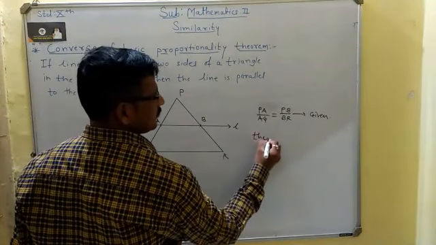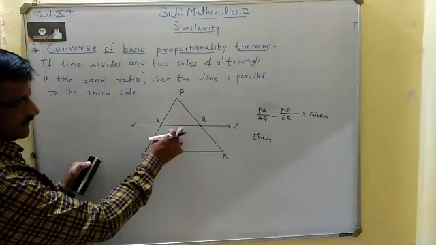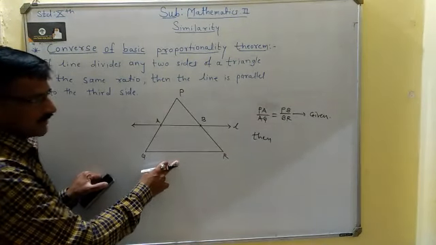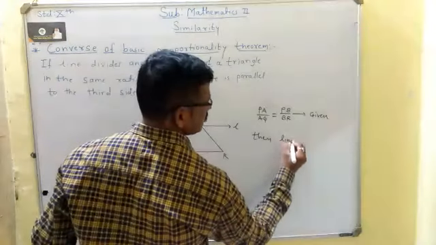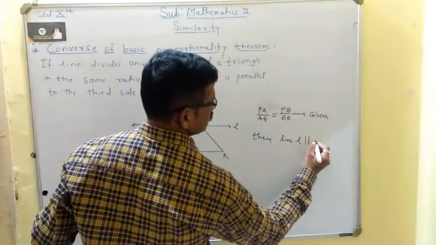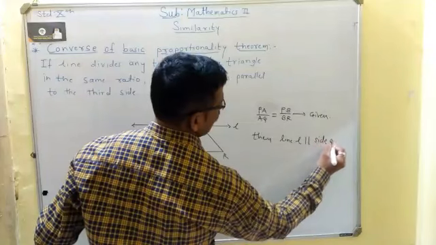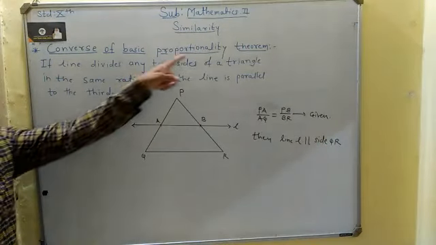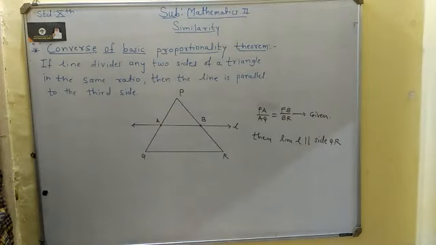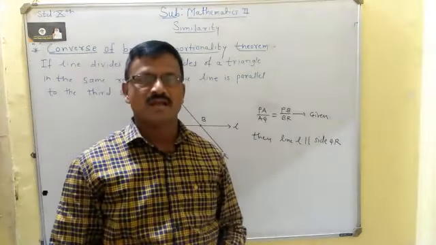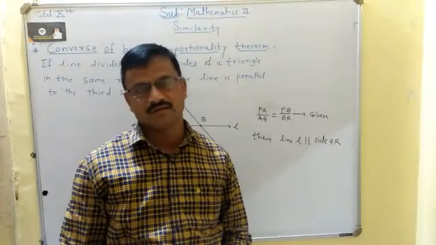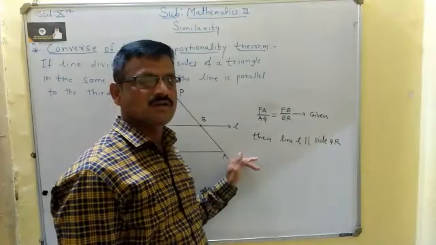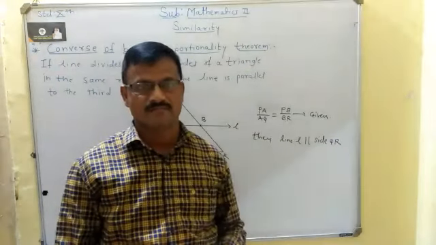Then we say that line L is parallel to the third side QR. That is the meaning of the converse of the basic proportionality theorem. This theorem can be proved by the indirect method. Try to write the proof of the converse of the basic proportionality theorem.